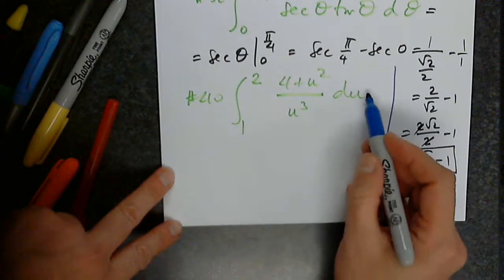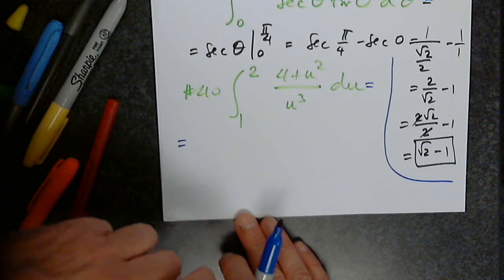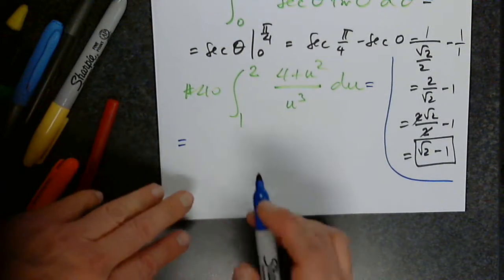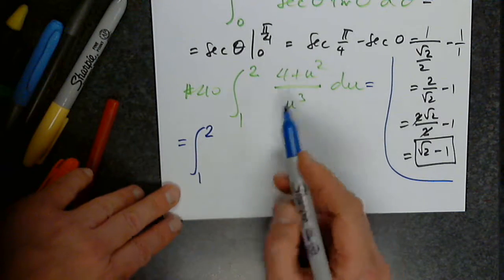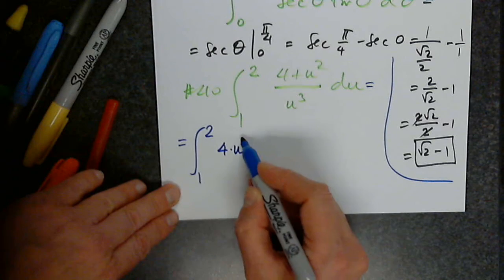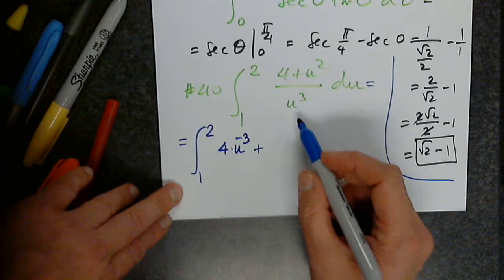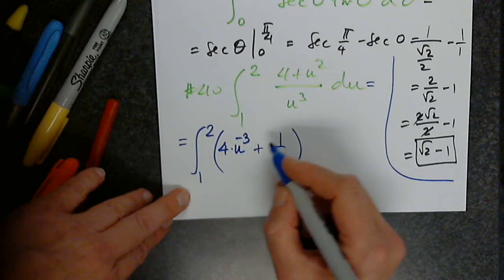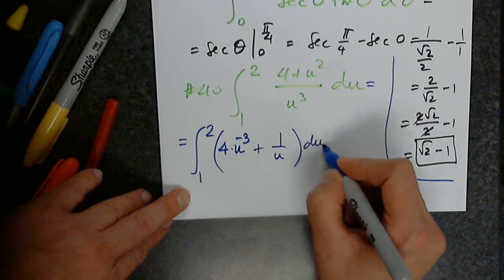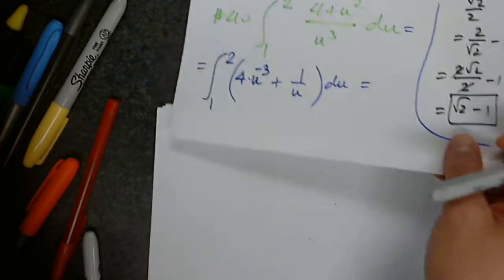So can anyone give us a hint on number 40? Break it into 2 fractions. Exactly. 4 over u cubed, which is 4 times u to the -3, plus u squared over u cubed, which is 1 over u, which you cannot bring into that form. Okay. Now what?